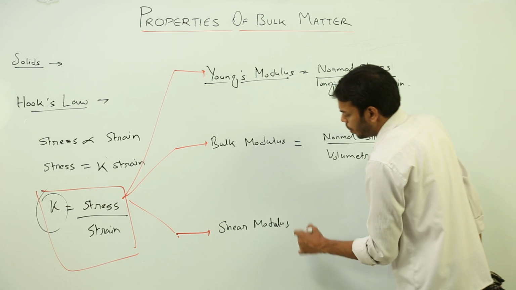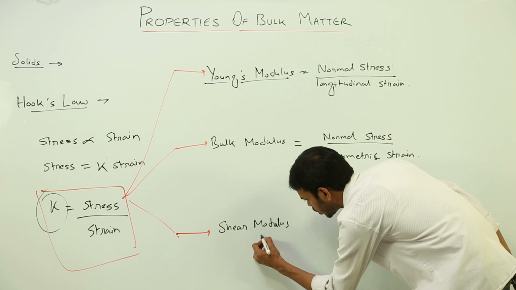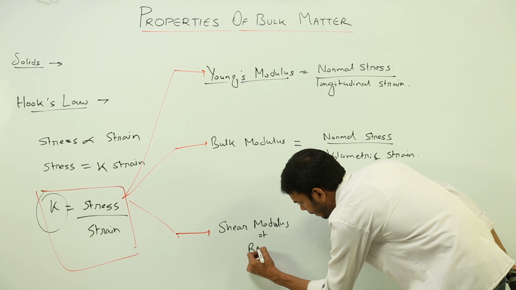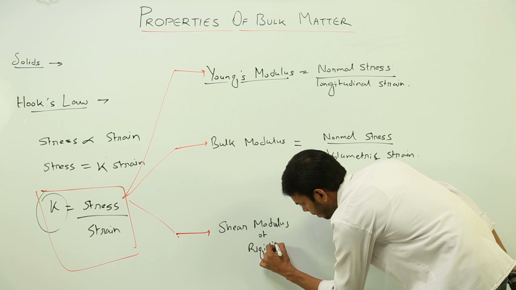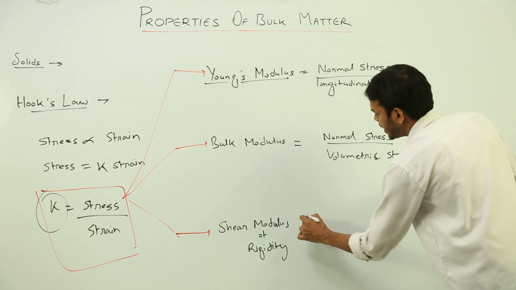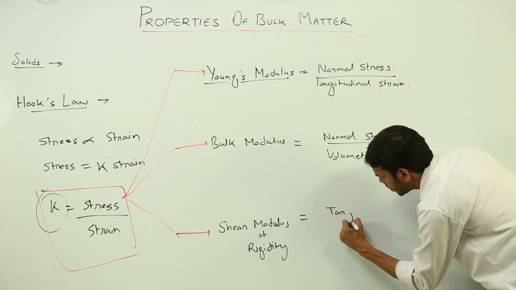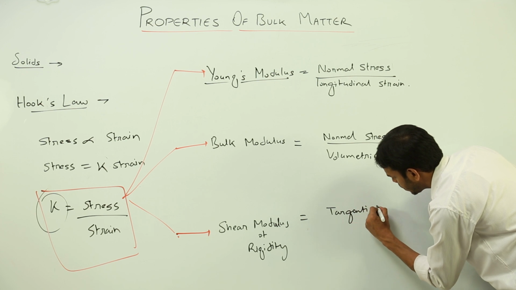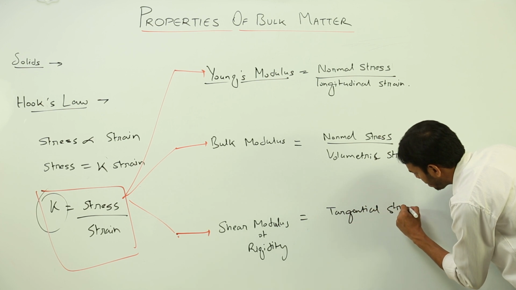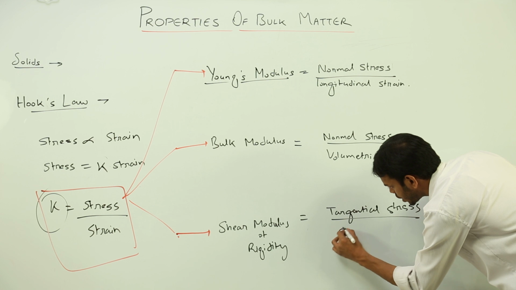It's called modulus of rigidity. These are two names. In this we have tangential stress over shearing strain.